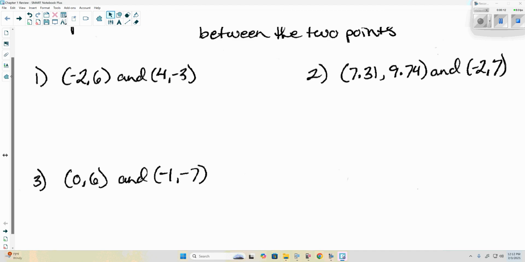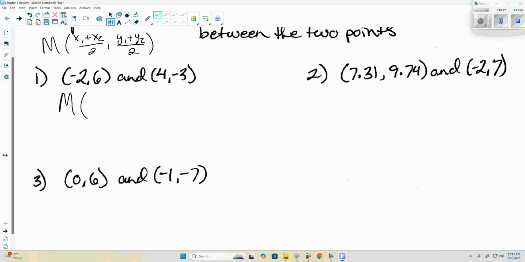So our midpoint formula, if I can write, midpoint is our x1 plus x2 over 2, comma y1 plus y2 over 2. So for us here, the midpoint is going to be -2 plus 4 over 2, comma 6 plus -3 over 2.